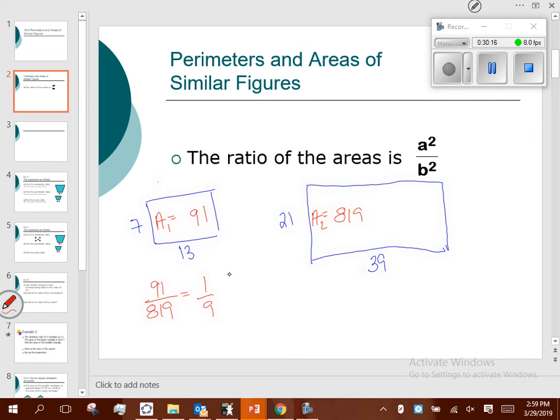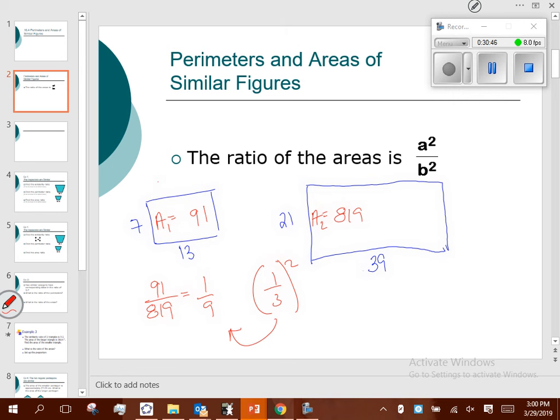How does 1/9 relate to 1/3, which was my scale factor? If I take this thing here squared, I get the ratio of my areas. Okay? So whenever they tell you your scale factor is 1/2, your perimeter ratio is 1/2, your area ratio is 1/4.